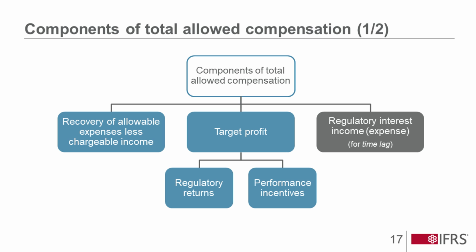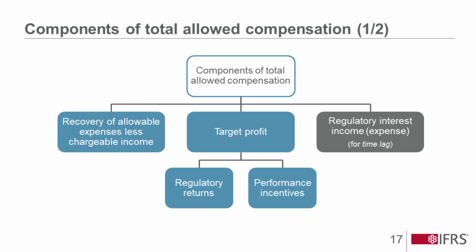Tadeu has already introduced the concept of total allowed compensation for goods and services. The exposure draft identifies three components of total allowed compensation. First, compensation for expenses that the entity incurs when supplying goods or services and that a regulatory agreement entitles the entity to recover.